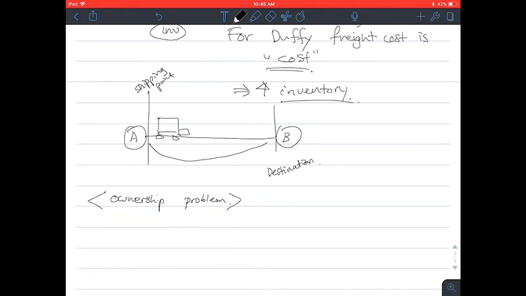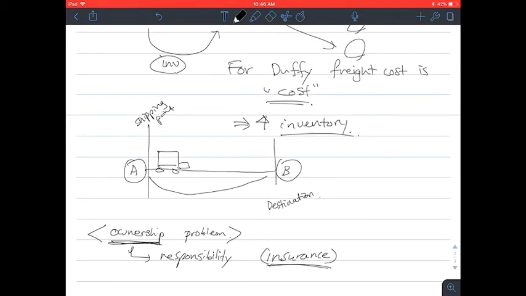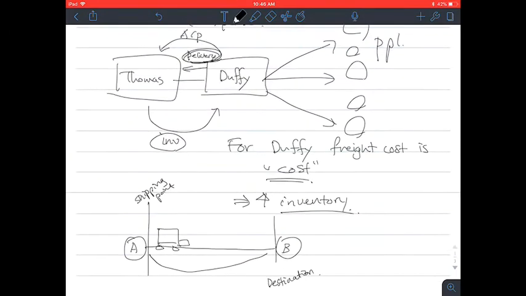The person or entity who has the ownership should take responsibility. That's why we purchase insurance to cover the risk, to hedge risk during transportation.